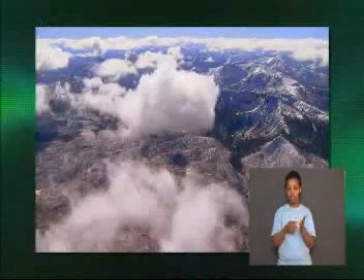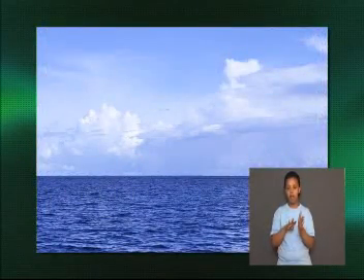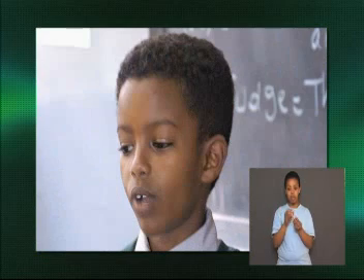Bacteria are everywhere. They can be found in the air, soil, and water. Bacteria can be found on people and even inside people. In fact, there are more bacterial cells inside you and on you than there are cells in your entire body.